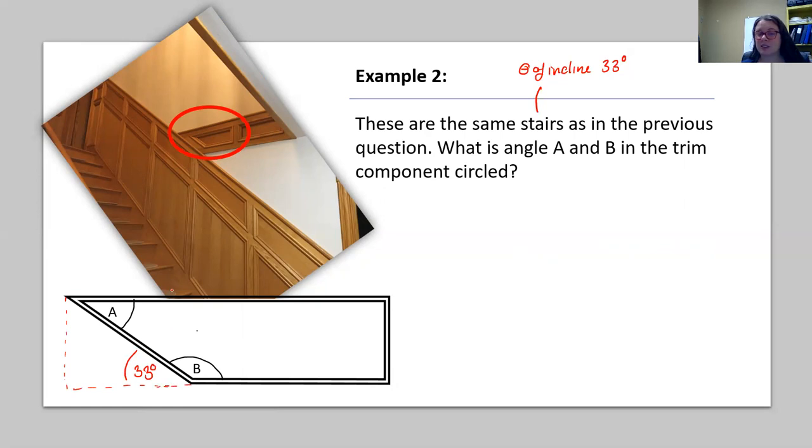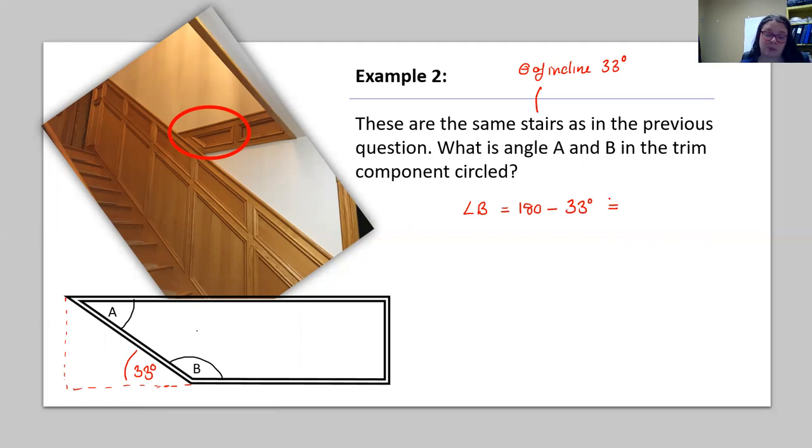Okay? So if I take 33 degrees and I add it to angle B, what would the sum be? Well, 33 degrees plus B would be 180 because it's going to make a straight line. So if I want to know angle B, it's going to be equal to 180 degrees minus our 33 degrees, our angle of incline.